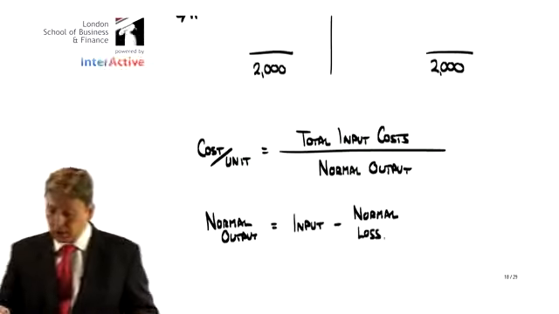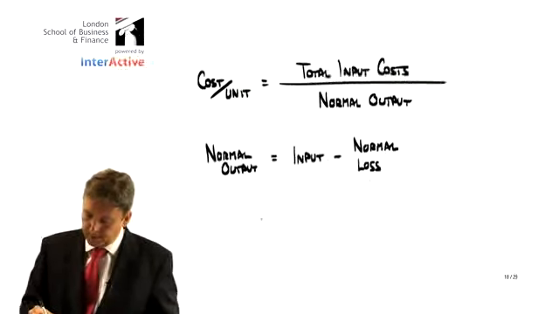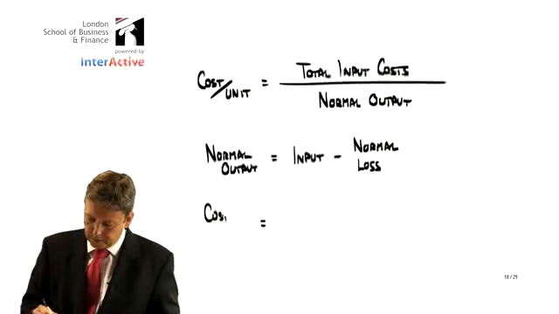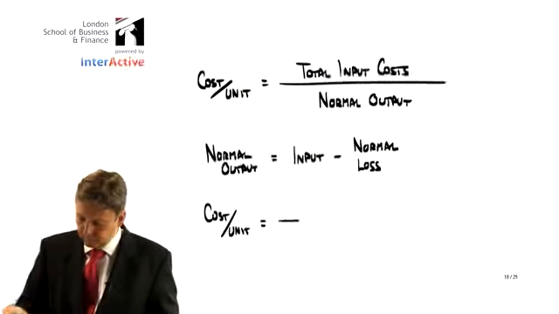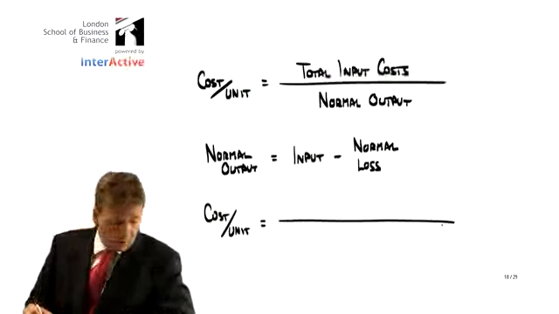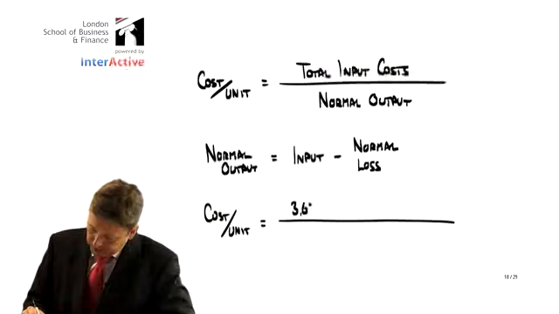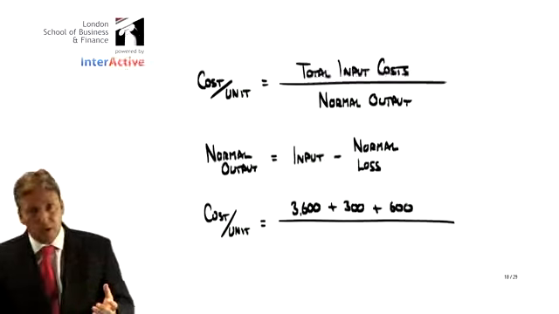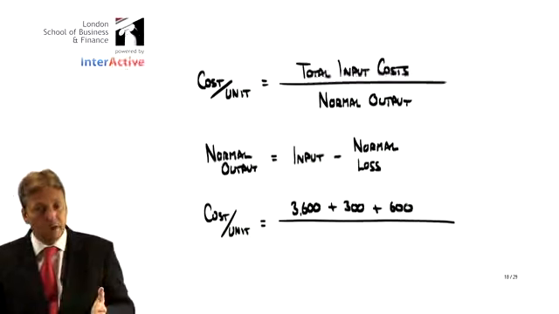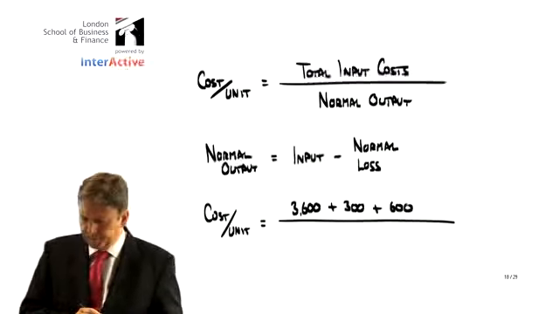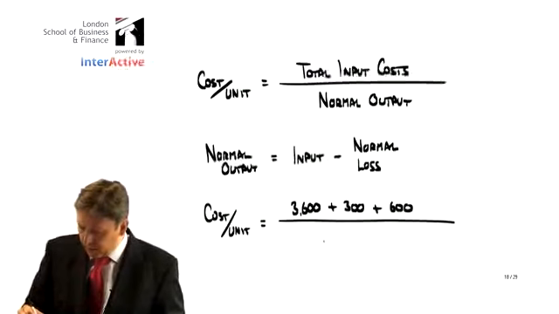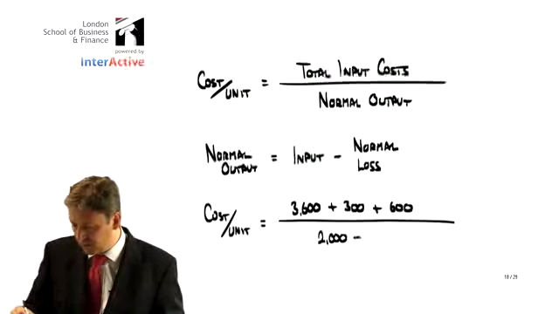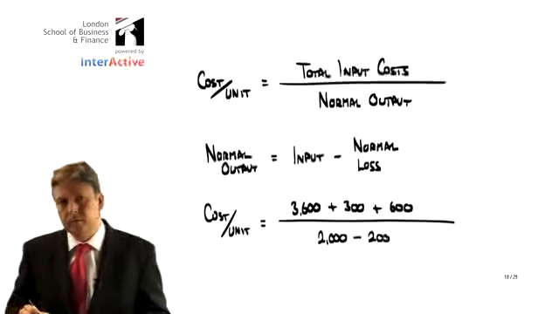If we were to do the calculation here, couldn't we do something like this? Our cost per unit, we simply list out the costs. 3,600 plus 300 plus 600. We have the material cost plus the conversion cost, labour and overhead. The normal loss, we said, was 200. Therefore, to calculate the normal output, we take the input 2,000 litres minus the normal loss of 200.